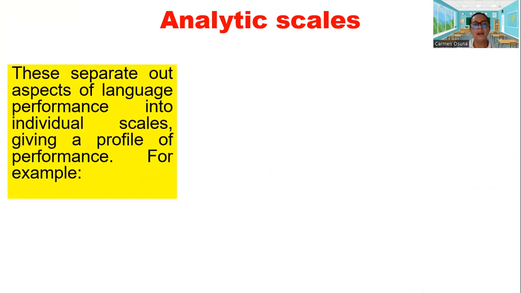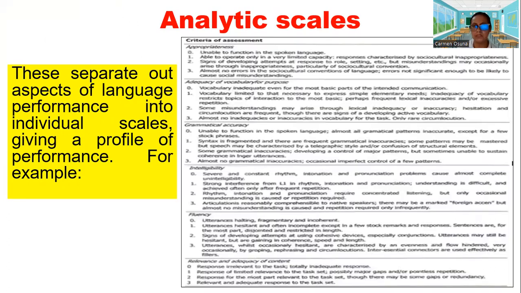These separate out aspects of language performance into individual scales, giving a profile for performance. For example, here are appropriateness, adequacy of vocabulary, grammatical, intelligibility, fluency, relevance, and adequacy of content. This is one criteria assessment.